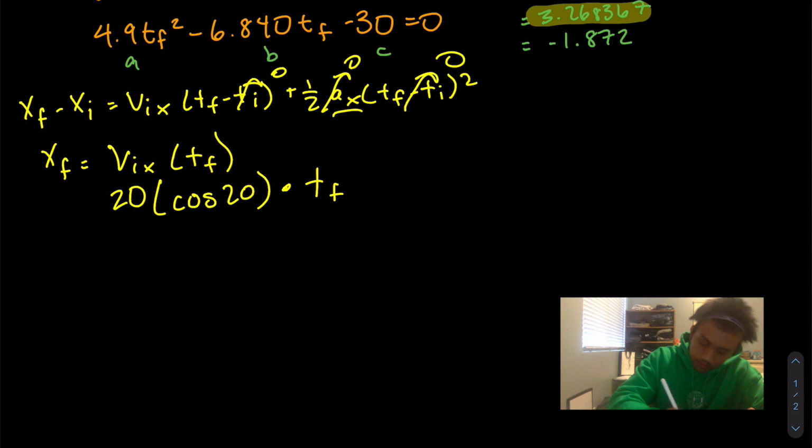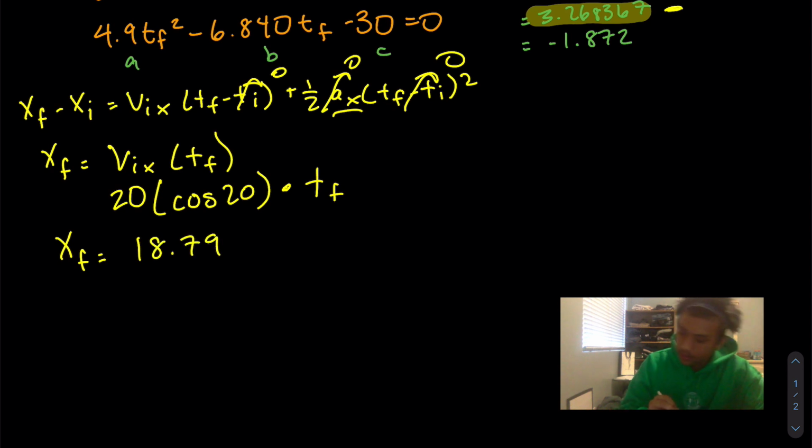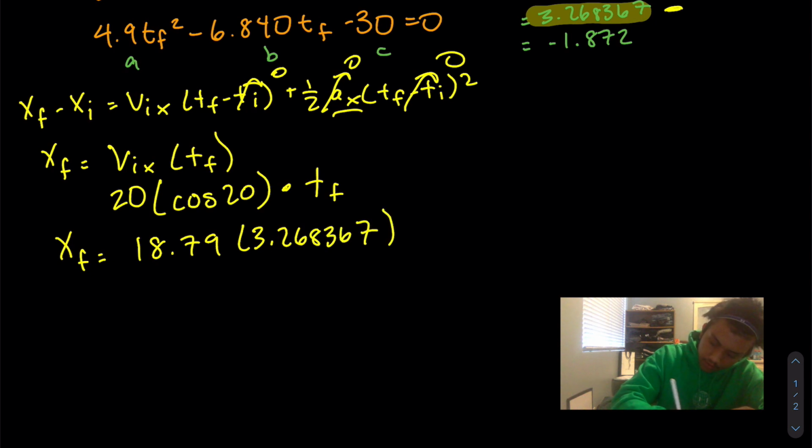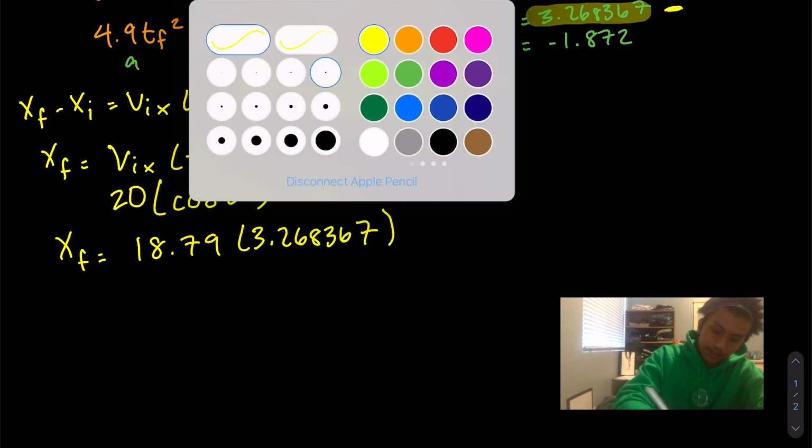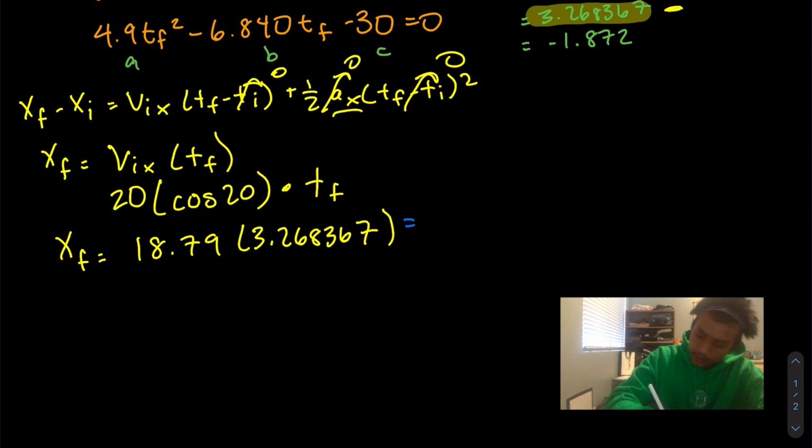Our tf is 3.268367. So x final equals 20 cosine 20, which is 18.79, times 3.268367, and your final answer ends up being 61.42 meters.